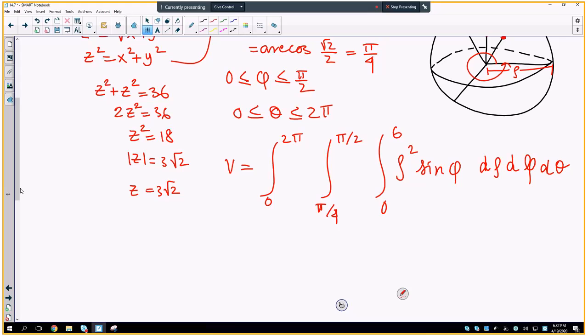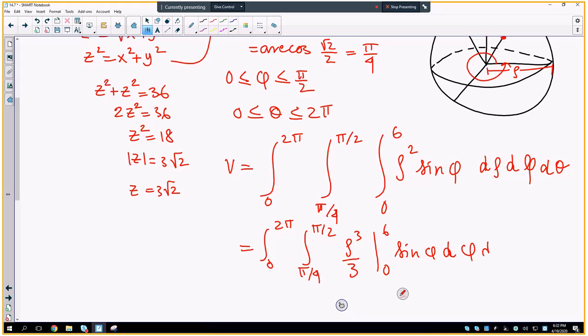So let's go ahead and do it. I'm going to first integrate with respect to rho. That'll be rho cubed over 3. So 0 to 2 pi, pi over 4 to pi over 2, rho cubed over 3 with limits 0 to 6, and I have a sine phi, d theta.